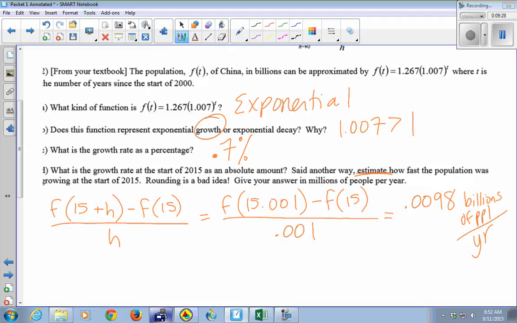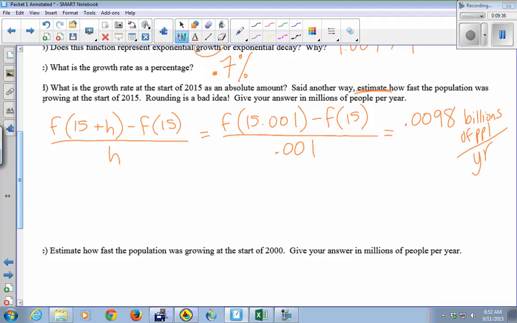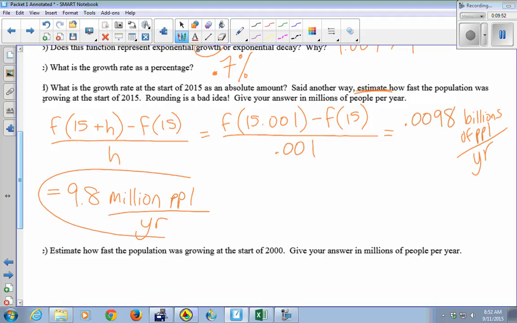Right, because my function f gives an output in billions of people. Yep. So if I want to change that to millions of people per year, that becomes 9.8, right? 9.8 million people per year.